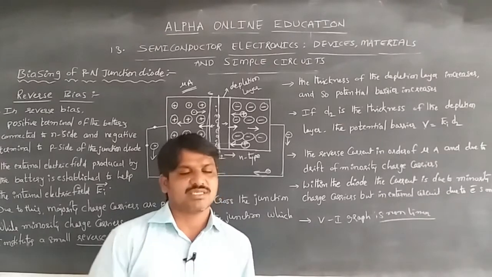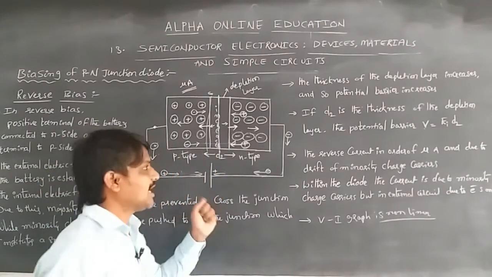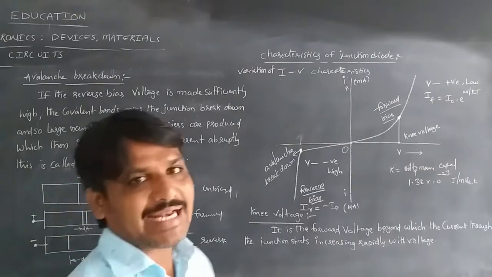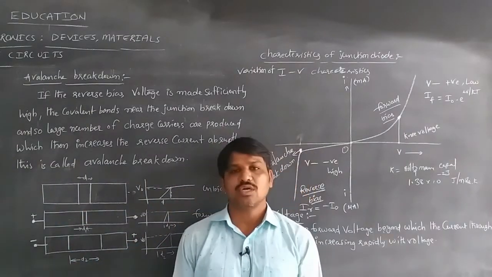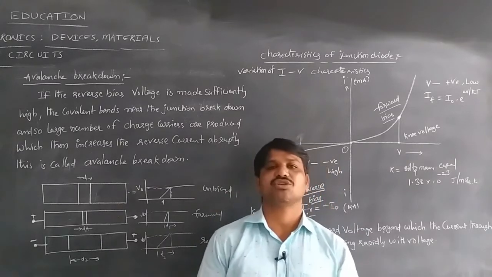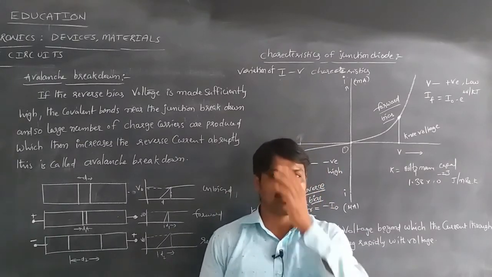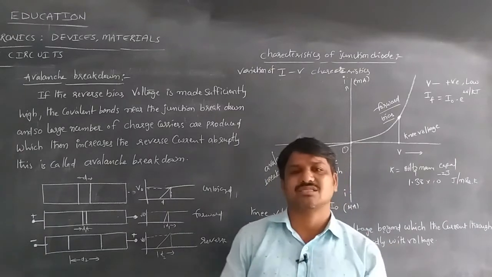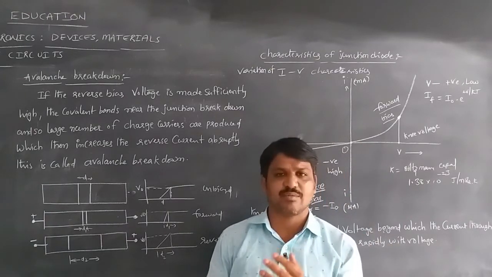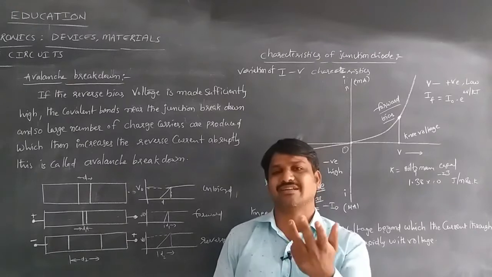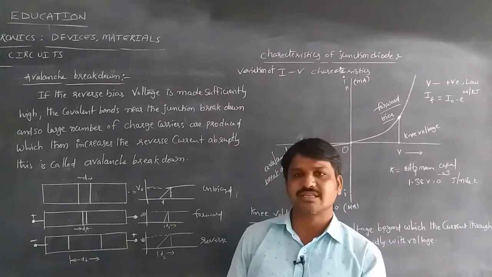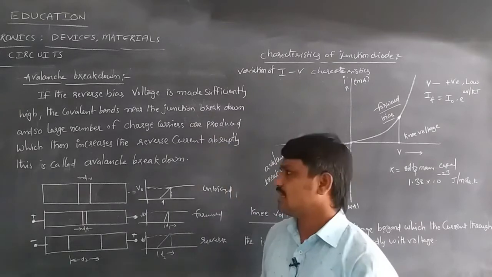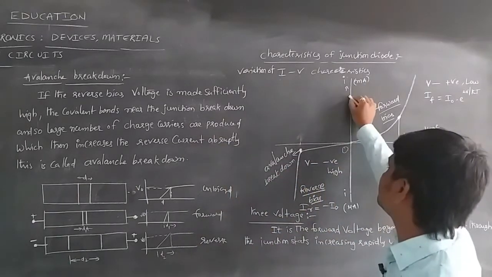Let's see the variation of IV characteristics: whenever current passes through the diode, unbiased, forward biased and reverse biased, what is the variation between current and voltage? We will see the graph plotted between voltage and current.